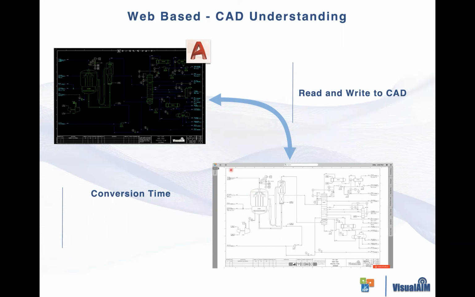All of the information is captured and turned into a database structure, which is then rendered through the platform as an intelligent drawing. This conversion process, we've benchmarked at 4.3 seconds per drawing. So it is a very fast and streamlined process that takes you from a regular CAD drawing to the intelligent version of that, from which you can then start to build interactions.